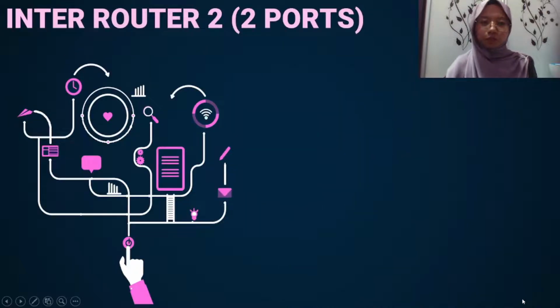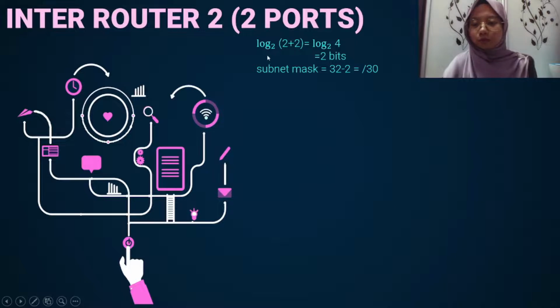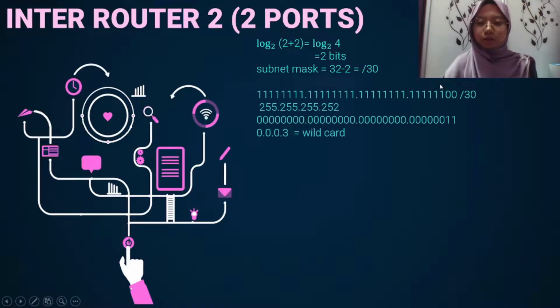And then we proceed to interrouter 2, which has 2 ports. Okay, this is the same formula as before, which is log 2 plus 2, equals log 2 of 4, and equals 2 bits. And then for the subnet mask, which is 32 minus 2, equals 30. 30 is our CIDR, and this is our CIDR changed to binary, and then we change it to decimal.